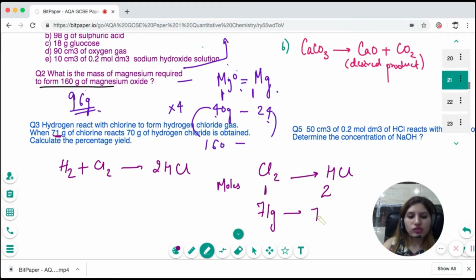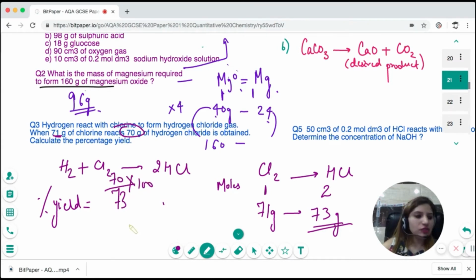So we should get 73 grams of hydrogen chloride. But how much hydrogen chloride are we getting? 70 grams. So percentage yield is how much we expected. We expected 73. But how much did we get? We got just 70. So 70 over 73 times by 100 gives us the answer as 95.8% is the percentage yield.